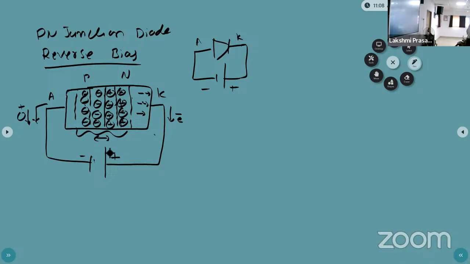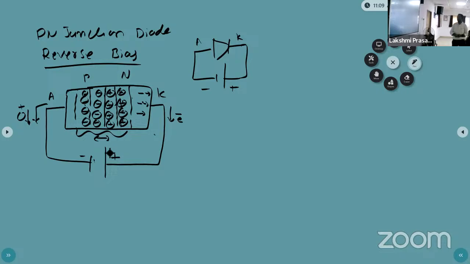If you are increasing the temperature, in electronics, the electrons will get energy. If the electron has more energy, then what will happen? It will move fast.